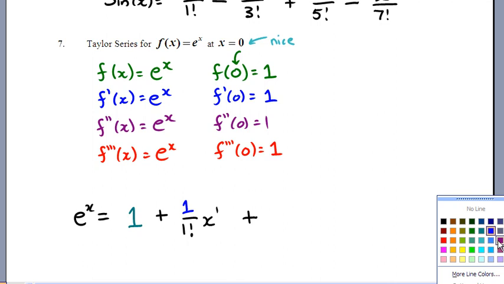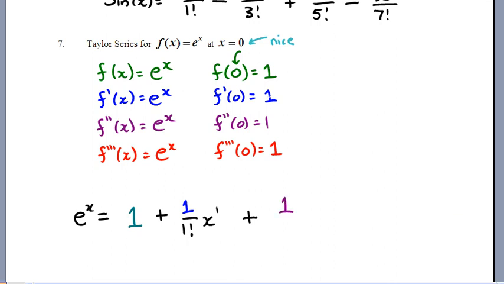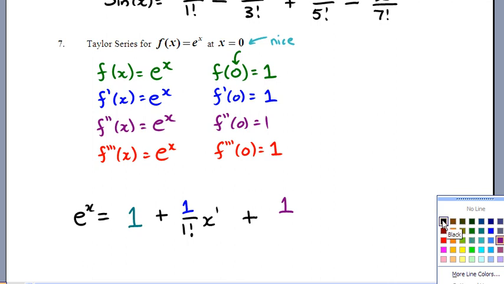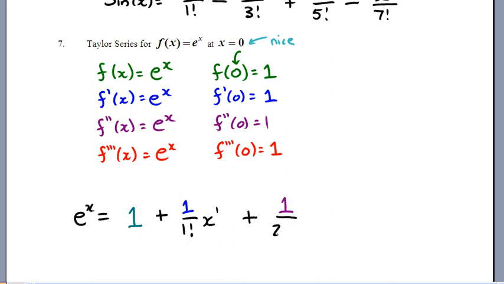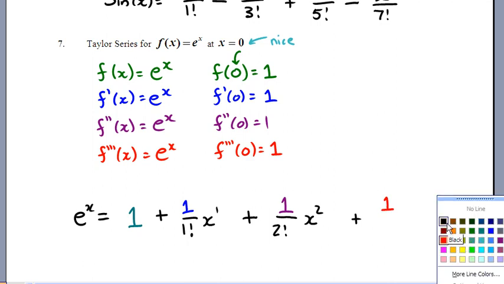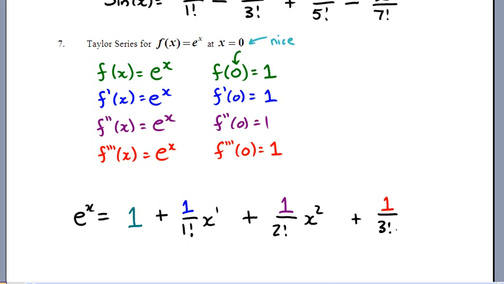The purple 1 is going to go here, so whatever you get for the evaluation of that derivative gets divided by 2 factorial for this second order term, and it ends up being x minus 0 squared. Probably easier to write that as x squared. Then moving on, I'm going to grab that red 1, whatever the derivative worked out to, divided by 3 factorial times x minus the nice number. Well, that's just 0. So x minus 0 is just x cubed, and so on.